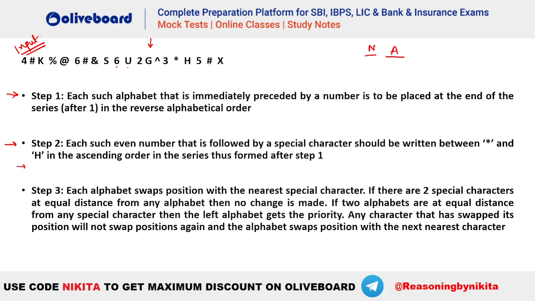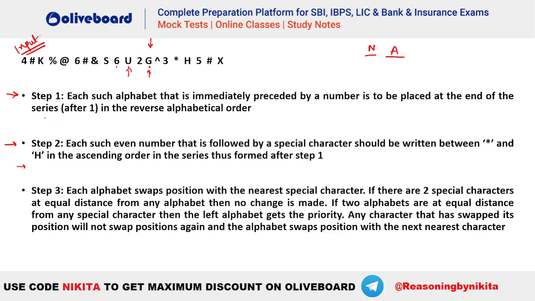And we have an alphabet here. So U is there, right? So number alphabet is here. Or is there a number alphabet anywhere else? So with 4 we do not have, with 6 we do not have, with this 6 we have here, with this 2 also we have here. So we have your U, we have your G, right? With this 3 we do not have, with this 5 also we do not have. That means your U and G has to be placed after X in the reverse alphabetical order.